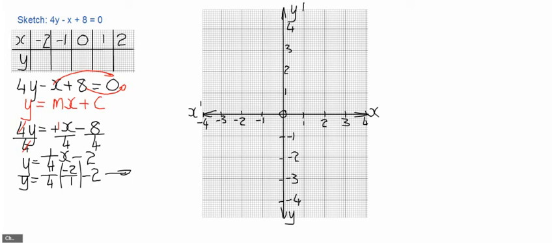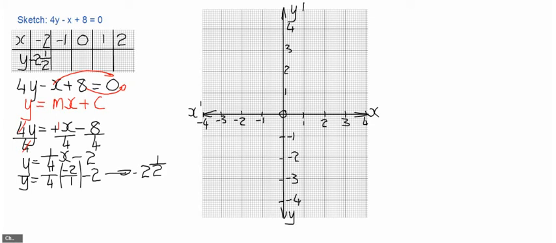So let's write down negative 2 and a half as the answer. Take this negative 2 and a half and put it into your table by the corresponding x value. Because remember, you've used minus 2 in the equation, and it worked out as y is negative 2 and a half. So we put it into the table.